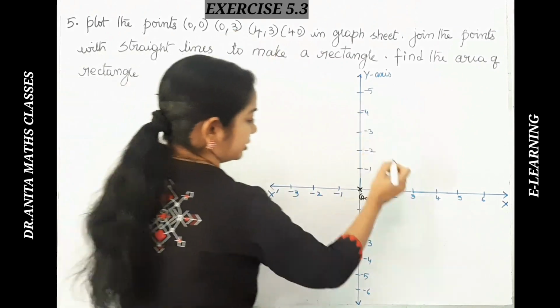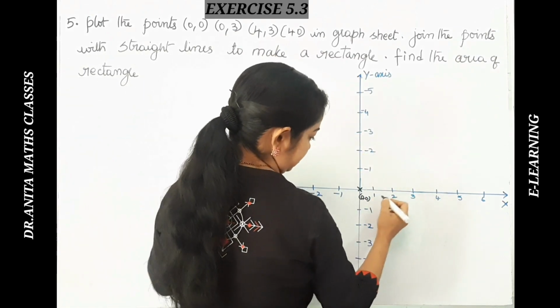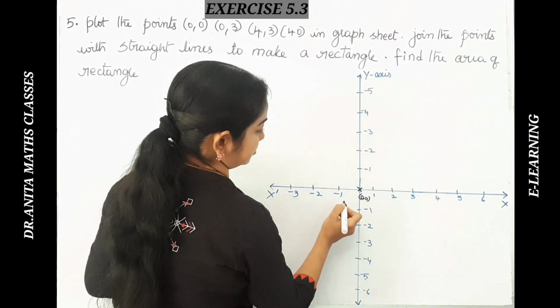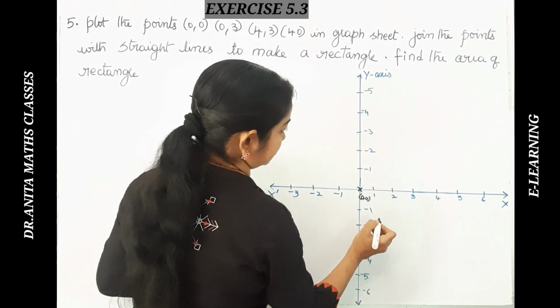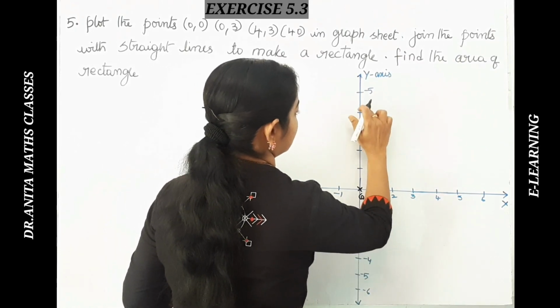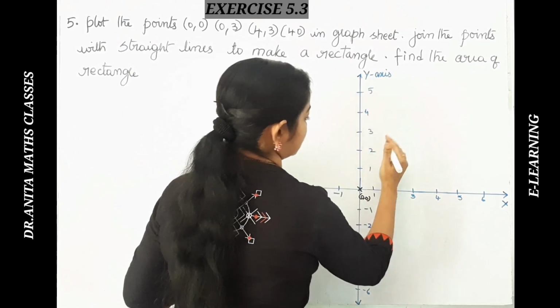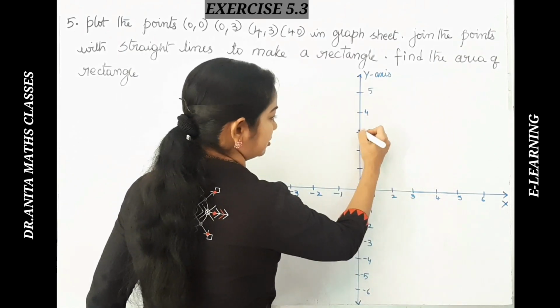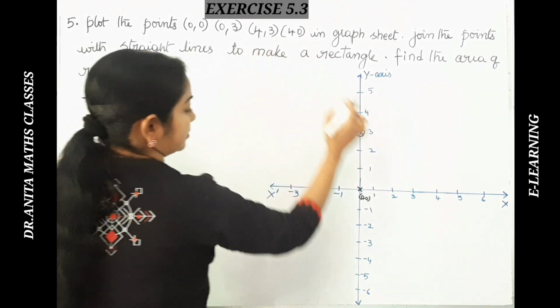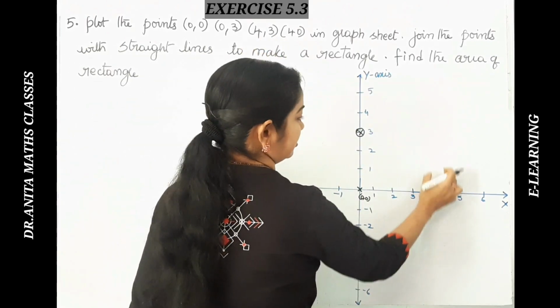And 0, 3. So sorry, these are not negative points, these are positive points, isn't it? So 0, 3, this point, and 4, 3, so 4 on the x and 3 on y.